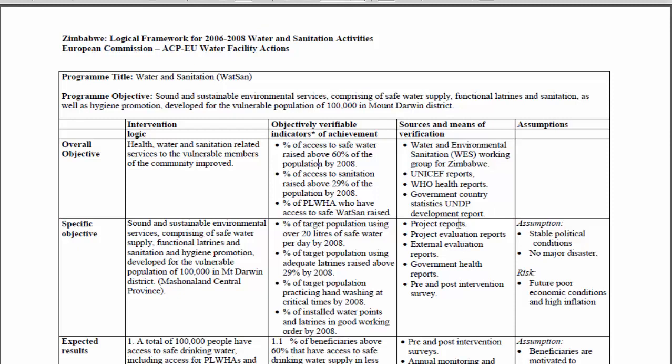So when you're going out there to inquire whether the target population is using over 20 liters of safe water per day, you are going to ask that target population using questionnaires that you yourself have designed.